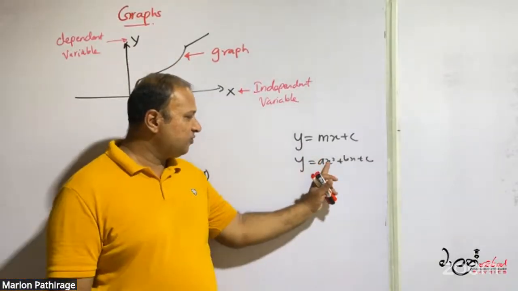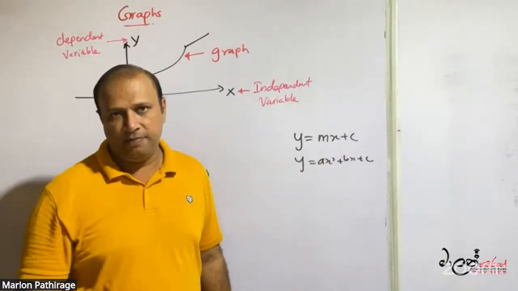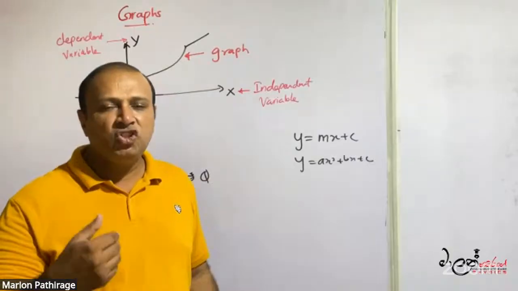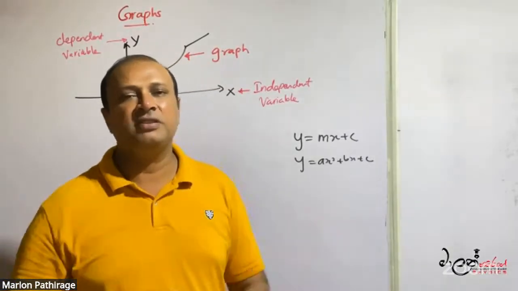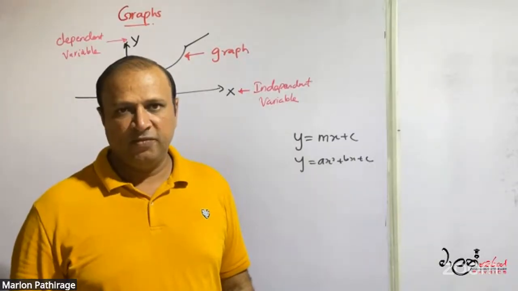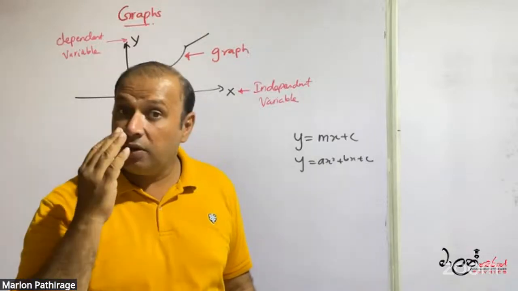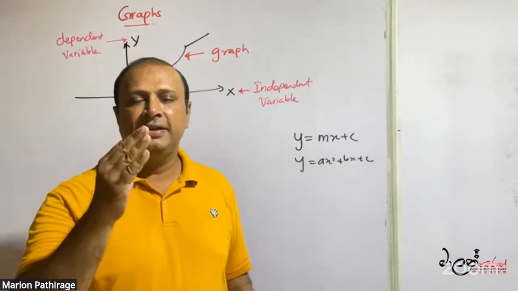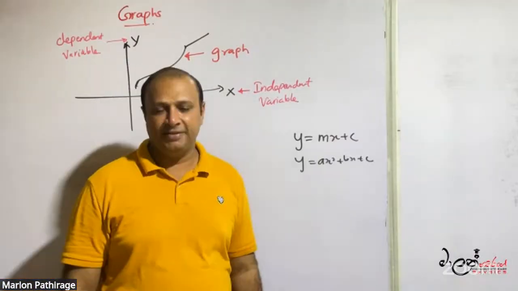That first variable is called the independent variable. That means we can change it without depending on any other factors. Therefore, we call it the independent variable. It does not depend on any other.